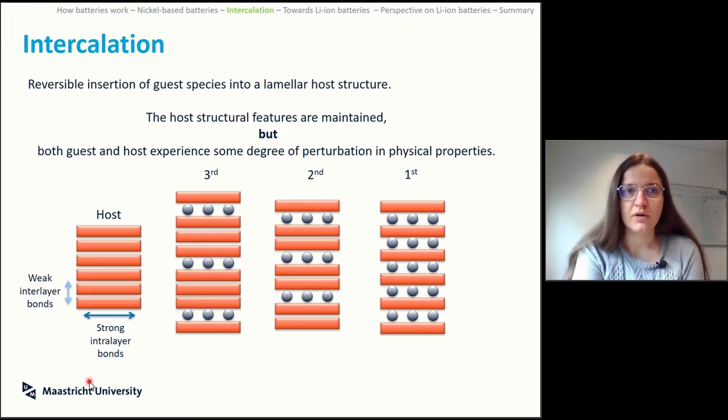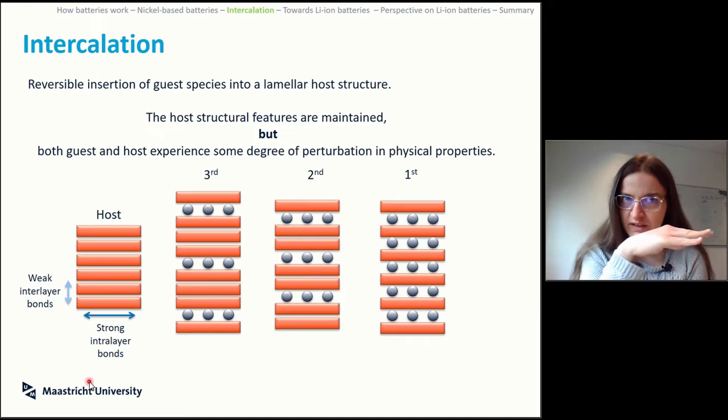This process of reversible insertion of a guest into a host, especially for a lamellar type of structure in which you have these layers, is called intercalation.